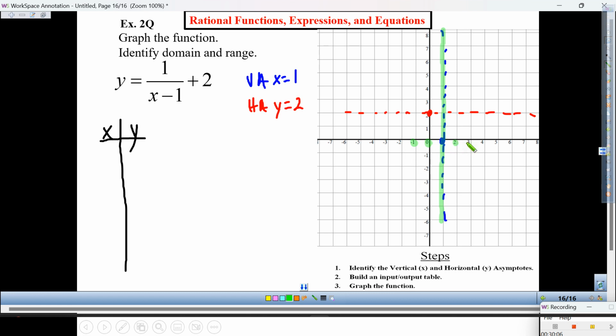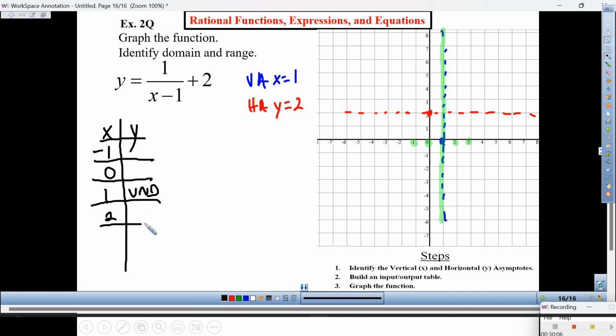How about from the right side? 2 and 3. And why don't I include 1? Because 1 is undefined. You're like, what? I know, right? Let's write it out. -1, 0, 1 undefined, 2, and 3.